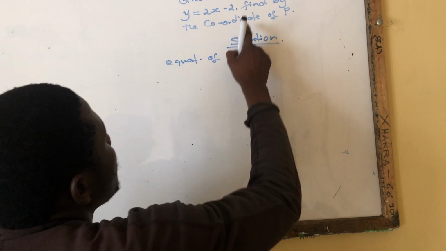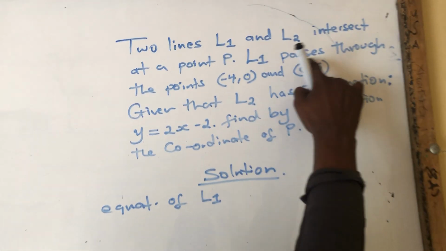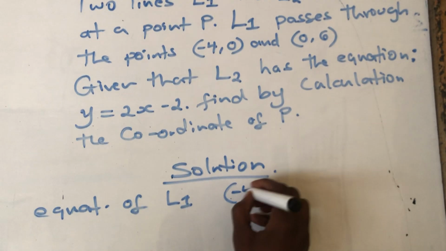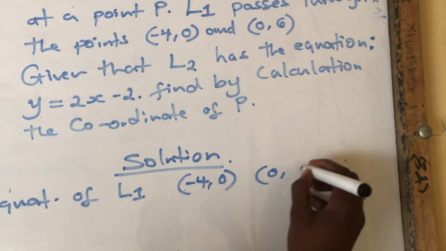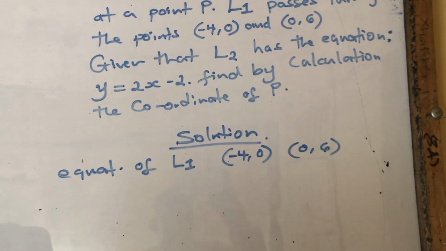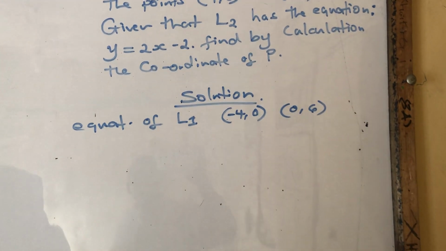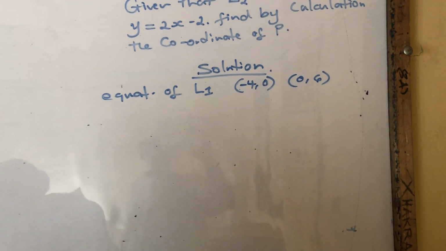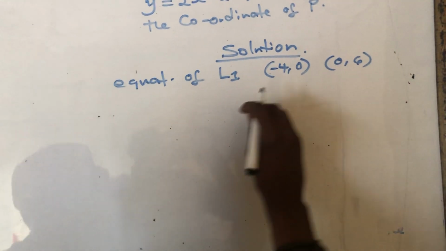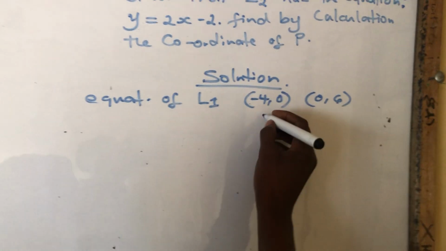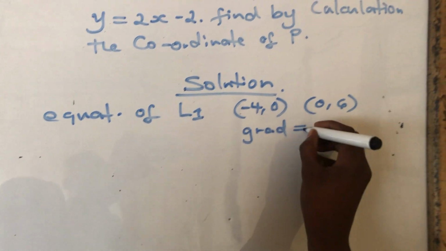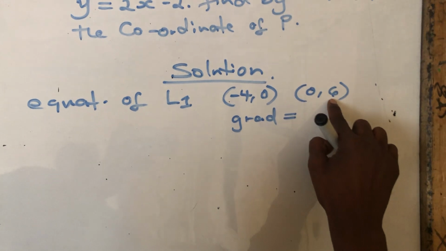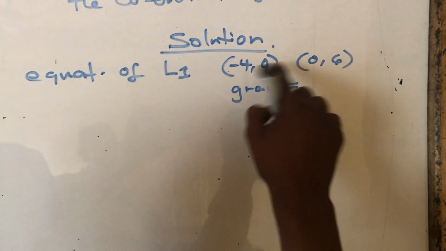Remember, we were told that line L1 passes through the point negative 4, 0, and again passes through the point 0, 6. We will then obtain the equation of this line. How do we find the equation of this line? We will begin by getting the gradient, which is obtained by taking y2 minus y1.